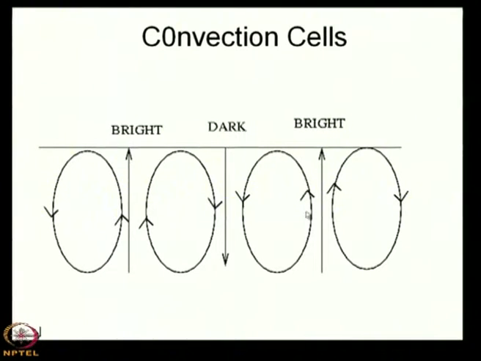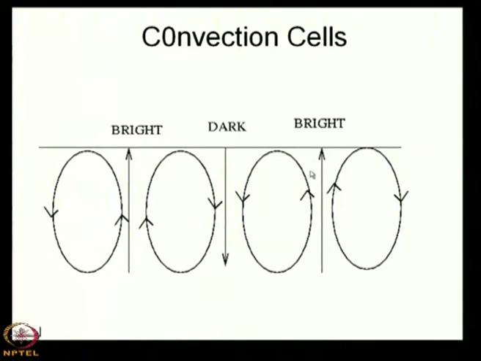Now, when you have such convection cells, just look at this region over here. In this region there is hot fluid coming up, then it radiates the energy and gets cooled, and in this region you have cool fluid going down.